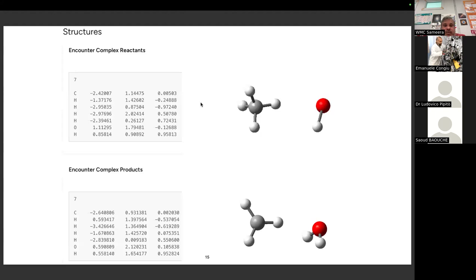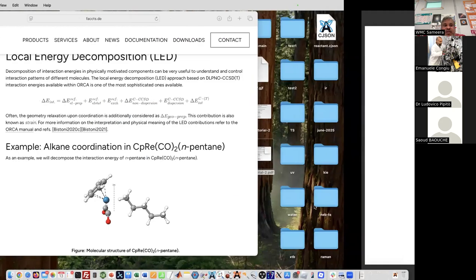For the NEB calculation, you can create the reactant complex and the product complex, and it's very easy to run the NEB calculation using these.